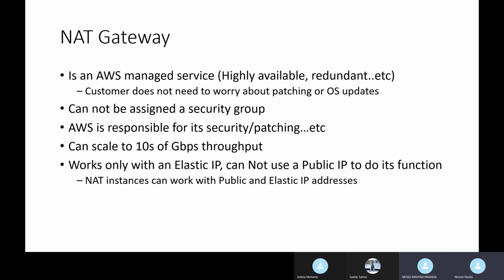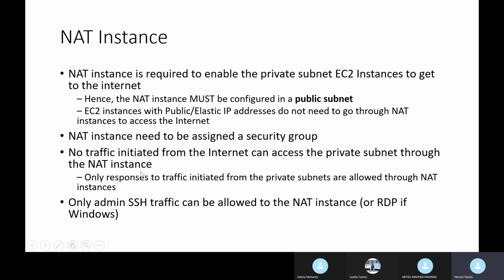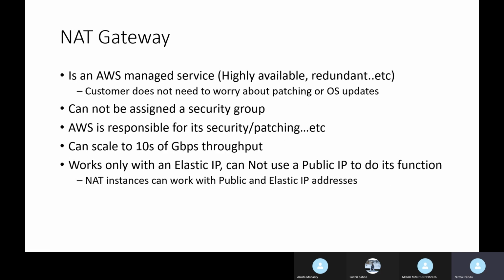Okay, but now when we are creating the EC2 instances, we are seeing the AMI, right? Yes. No, that is NAT instance. See, there are two different services, NAT instance and NAT gateway.